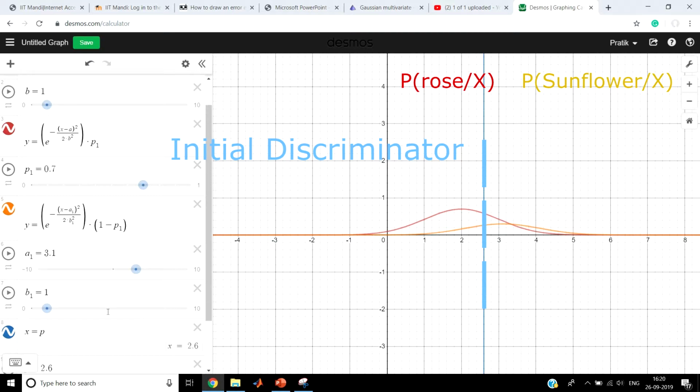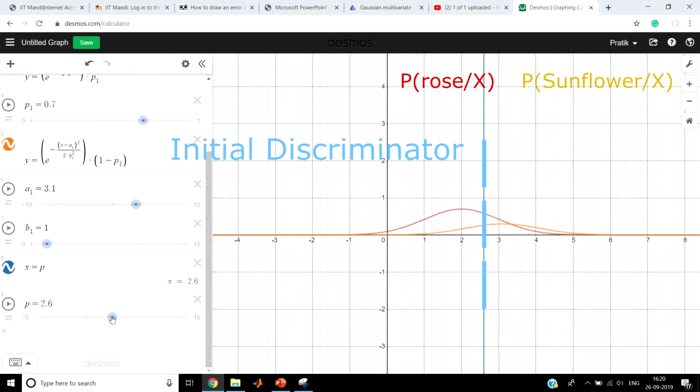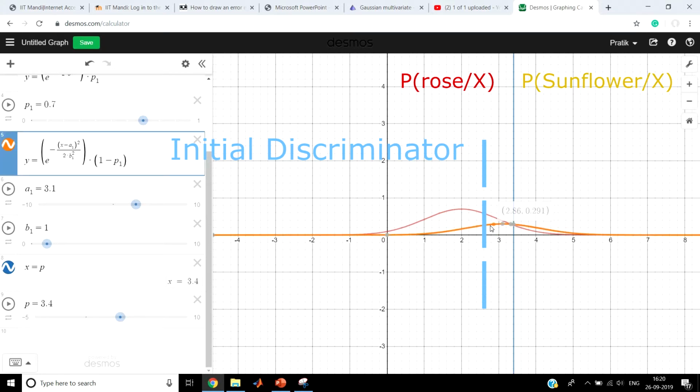When I change the prior, you see that my discrimination boundary changes. Now my discrimination boundary has come over here. Initially it was here, now it has come to here, you see. So it is the prior and the likelihood both that determine our discrimination boundary.